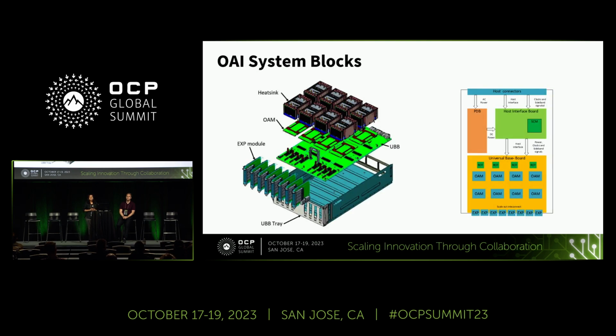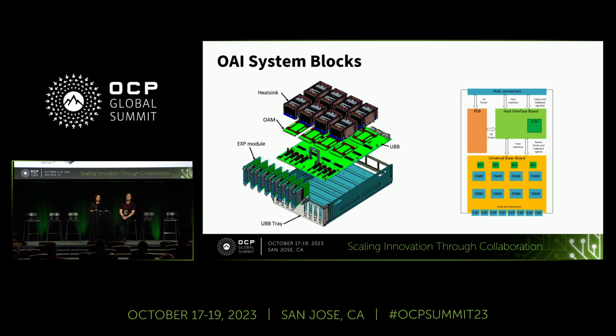Again, there was a talk earlier with Song and Ahmed, basically talking about the OAI specs and OAI system blocks. So just very quickly, the components which are important in relation to the expansion module for signal integrity are the OAM module, which is the Open Accelerator Module, and the UBB tray, which also has signal integrity implications, and I think the previous presentation talked about it.